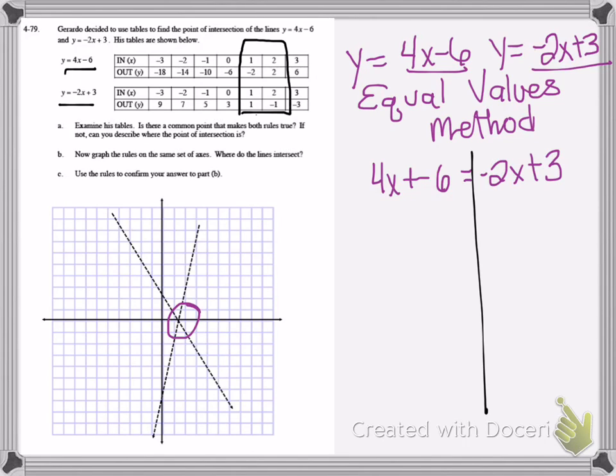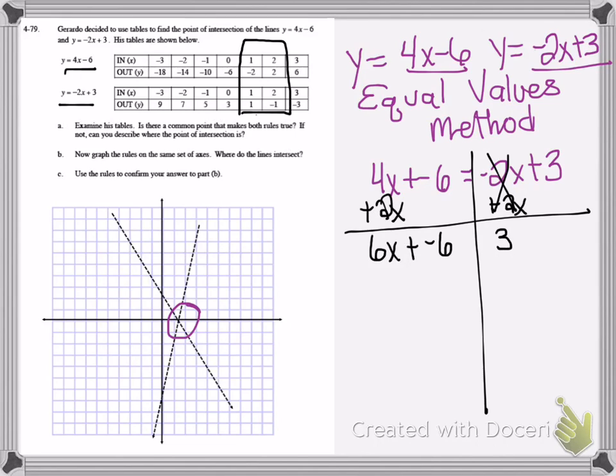I'm going to go ahead and add 2 x's to both sides. That's going to make a 0 pair on the right side, and then I'm going to end up with 6 x's on the left. Now I'm going to go ahead and add 6 to both sides.